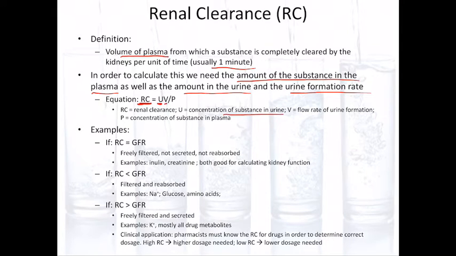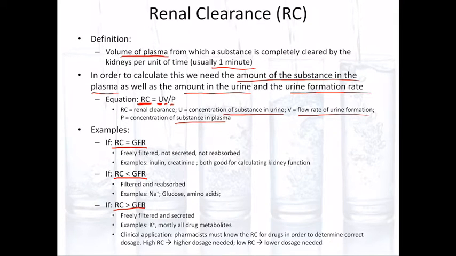V is the flow rate of urine formation, and then P is the concentration of the substance in the plasma. So there's really three different options when we calculate a renal clearance of a substance. If renal clearance is equal to glomerular filtration rate, that's one option. Second option would be renal clearance is less than glomerular filtration rate. The third option would be renal clearance is greater than glomerular filtration rate.